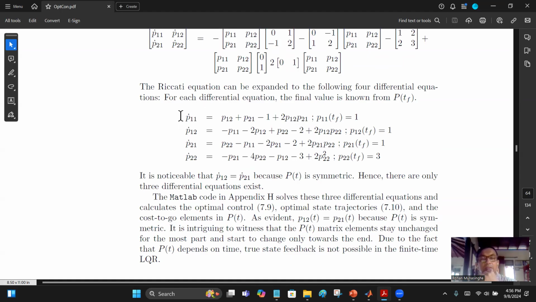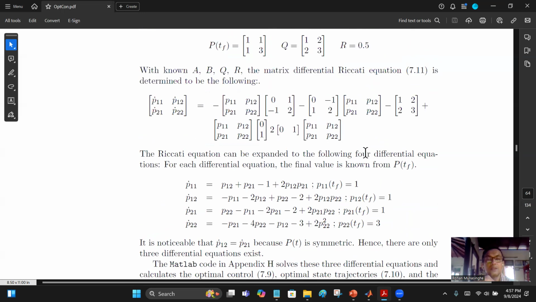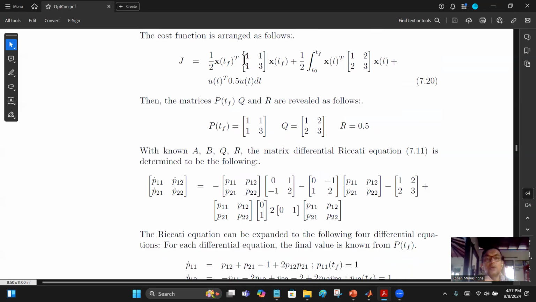And the first value at the endpoint is known, right? And off-diagonal values at the endpoint are known. And the value of the last element in P matrix at the final time is also known, right? Because this is a P at final time, which is known. Okay, this one, this is P at final time.